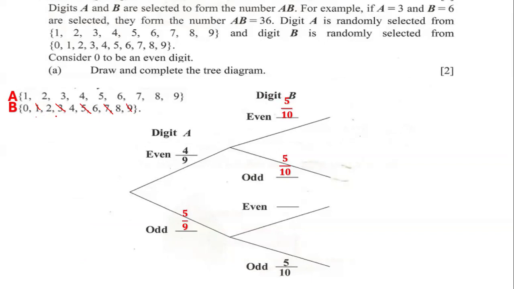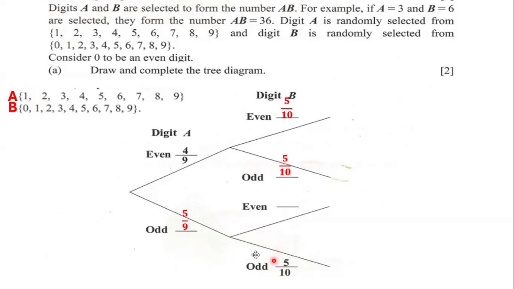That's 1, that's 2, that's 3, that's 4, and that's 5. So there are a total of 5 odd numbers inside set B. So set B contains a total of 10 elements, but 5 of them are odd. So that means that the probability of digit B being odd is going to be 5 over 10.